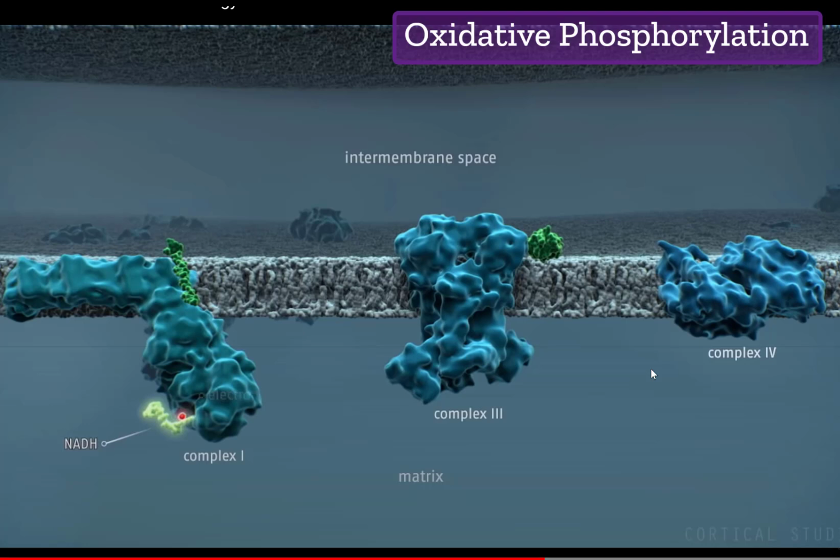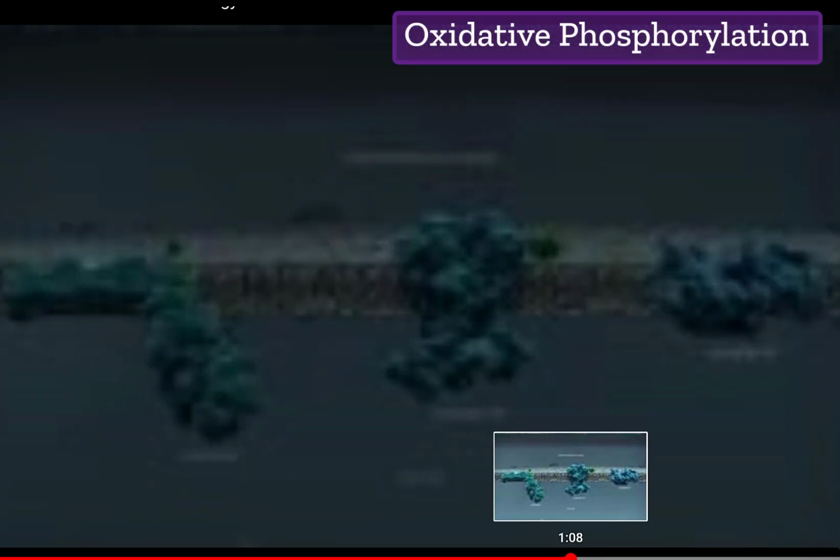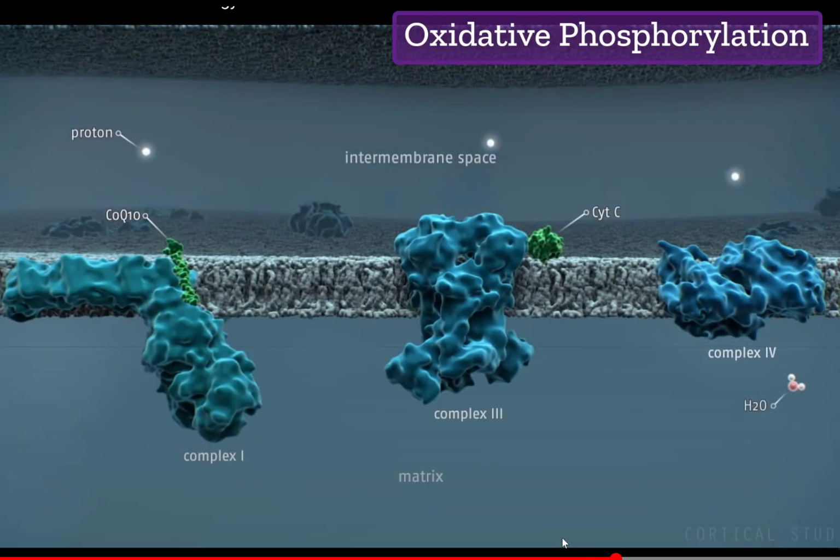So if there's no gradient, then there's no flow of protons through that carrier protein, and no ADP is phosphorylated. Okay, so what happens is we have the protons being pumped to the inner membrane space. So we see that this concentration is increasing.